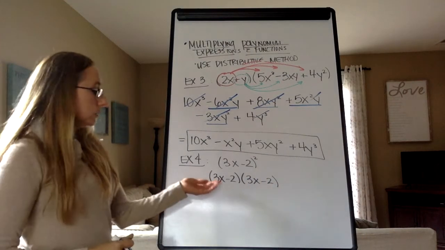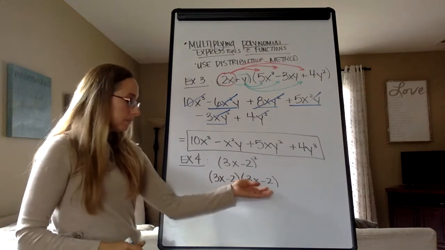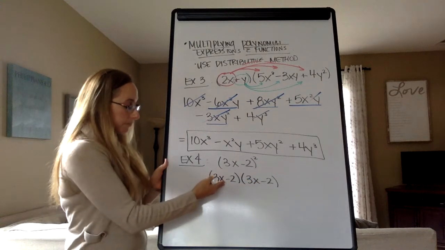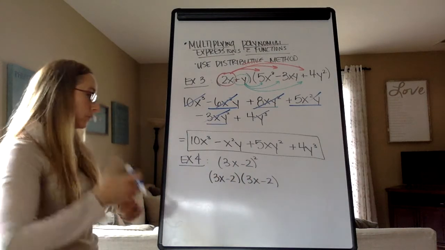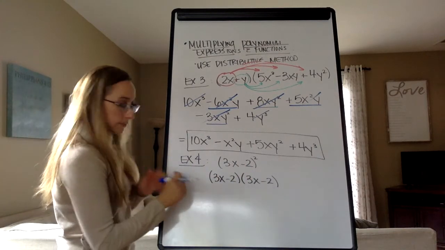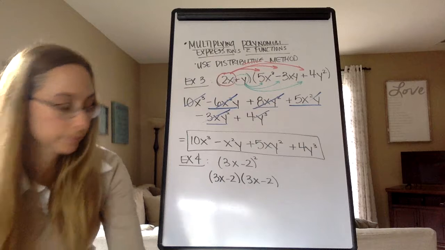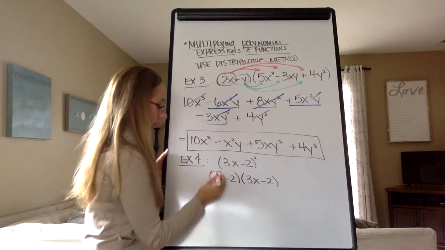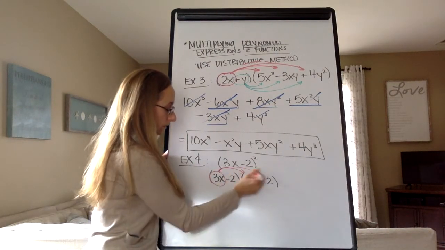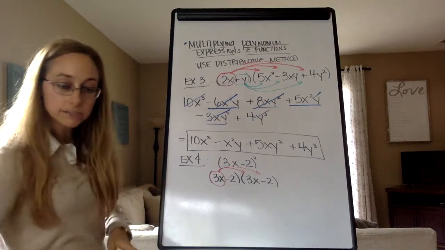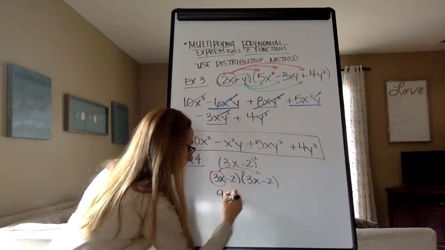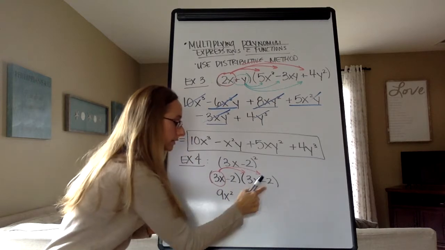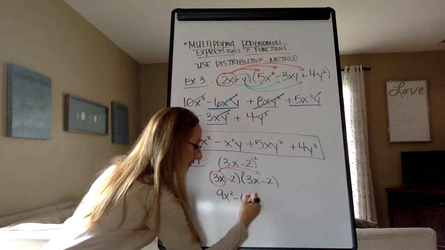Again, we have just a polynomial times a polynomial, so we're going to take our first term and distribute it to every term in our second polynomial. So we're going to take our 3x and distribute it to both terms. So 3x times 3x gives you 9x squared. 3x times minus 2 is minus 6x.